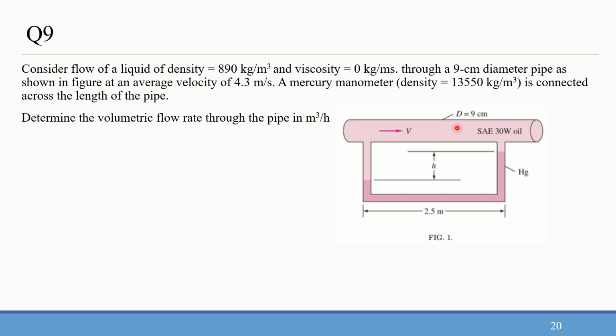Basically it is an ideal fluid whose viscosity is 0. A mercury manometer, whose density of mercury is 13,550 kg per meter cube, is connected across the length of the pipe. Determine the volumetric flow rate through the pipe in meter cube per hour.